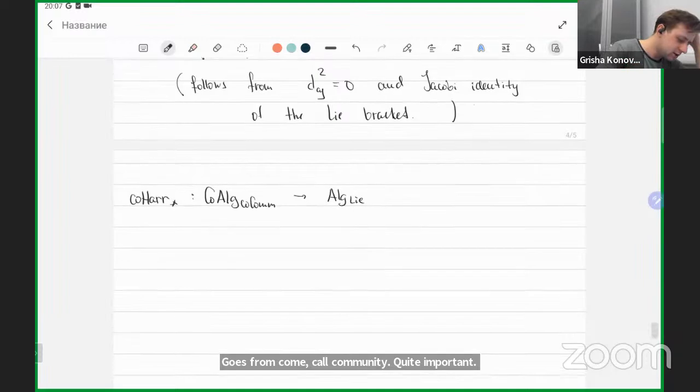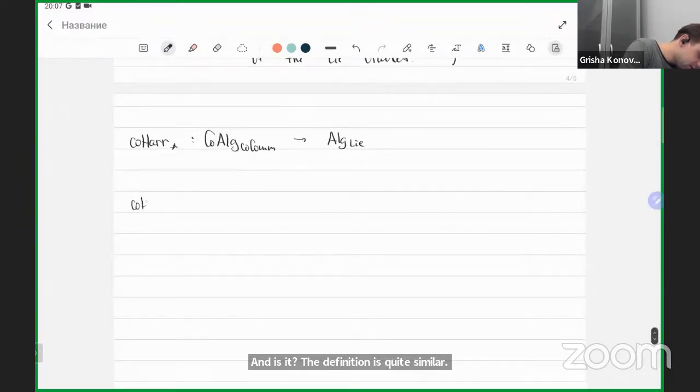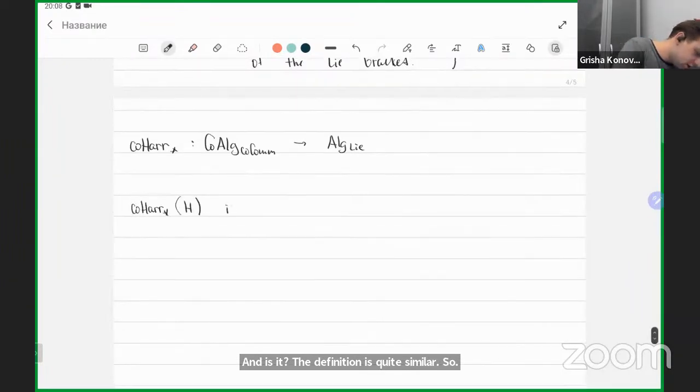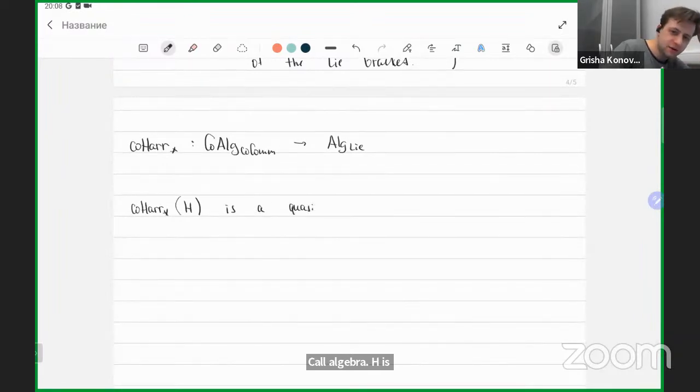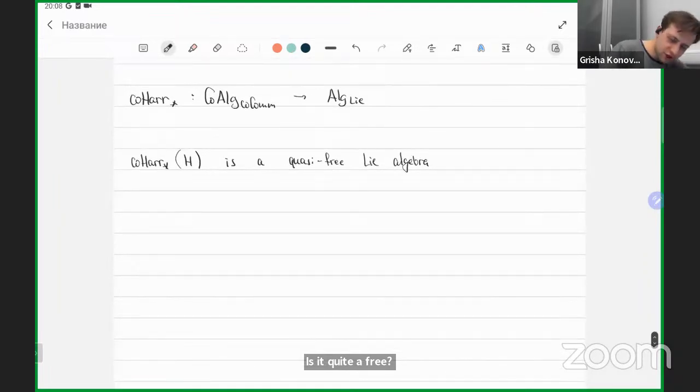And the definition is quite similar. So cohar of a coalgebra H is a quasi-free Lie algebra generated by H shifted by 1 to the right.